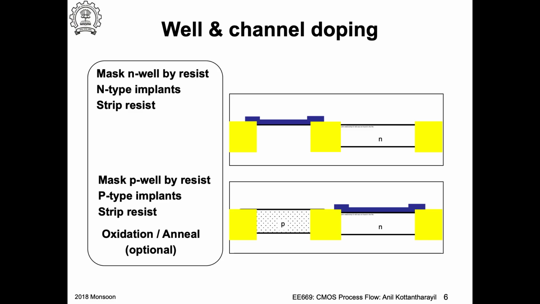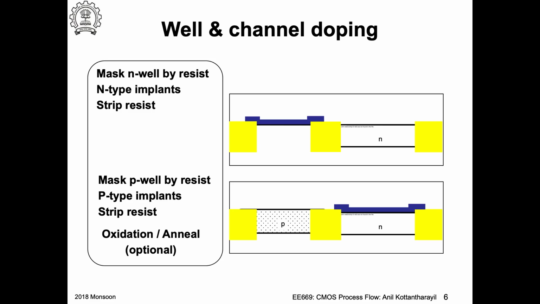Okay, so you want to avoid this, and so you do an anti-punch through implant, so that the doping concentration at the drain-source level in the channel region is high enough so that you don't get any punch through.